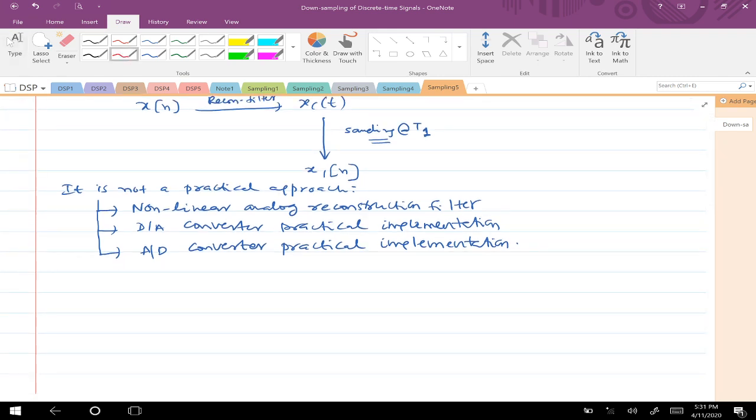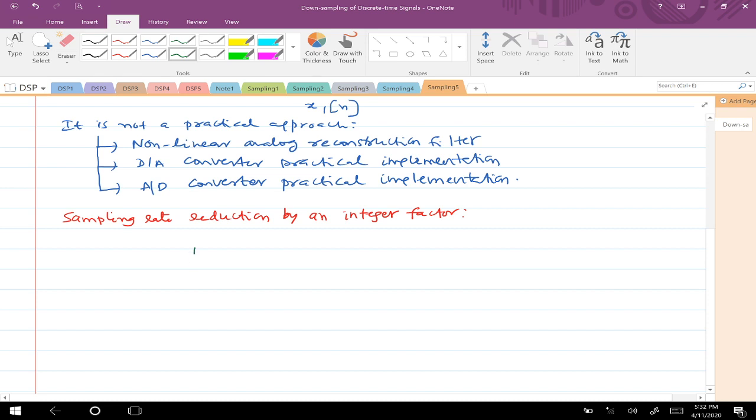So sampling rate reduction by an integer factor is what we are going to study. What do I mean by that?